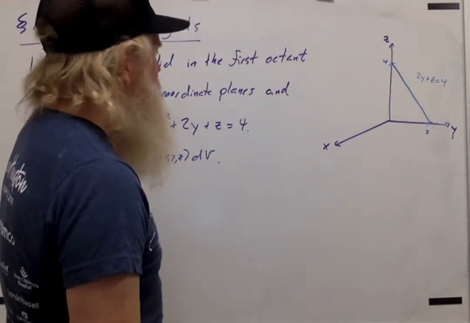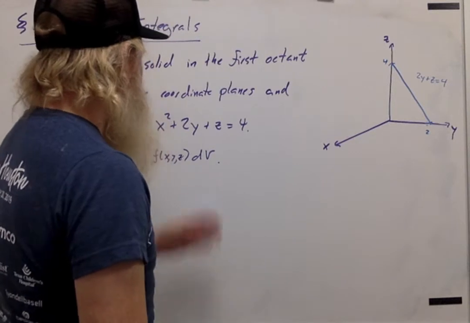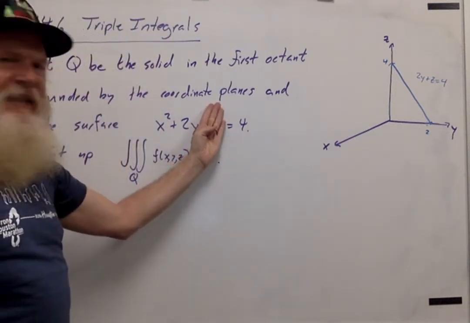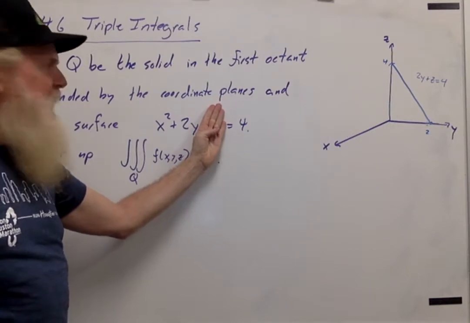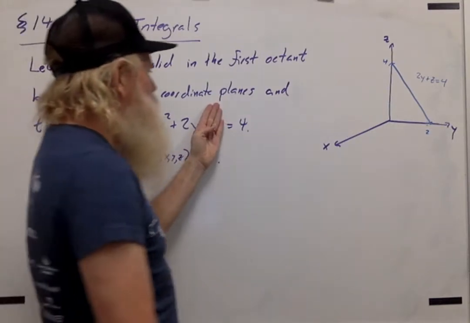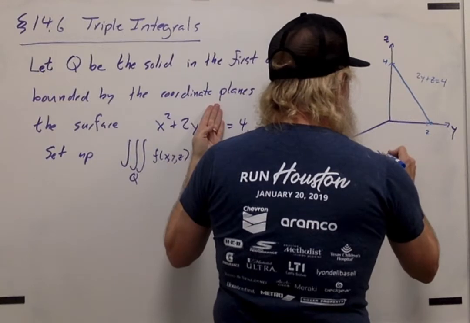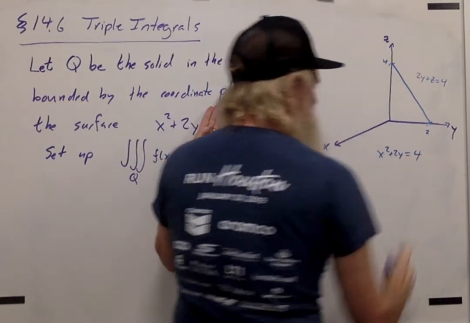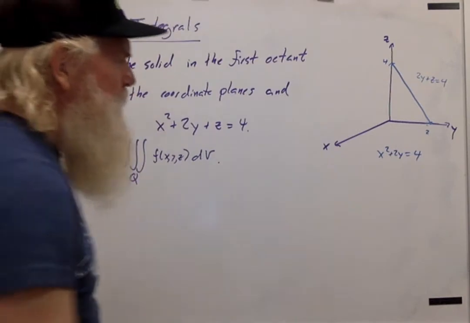Now let's see what the intersection with the xy plane is. To get the intersection with the xy plane, I set z equal to 0, and that gives me x squared plus 2y equals 4. Well, that's going to be a parabola.